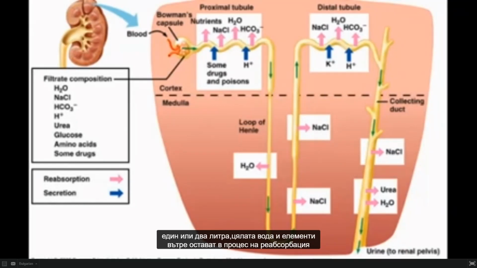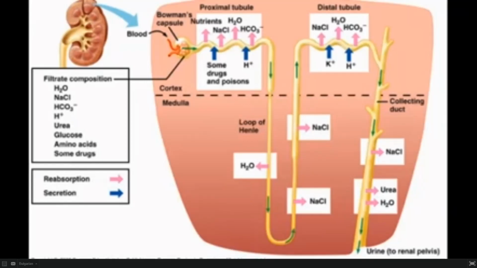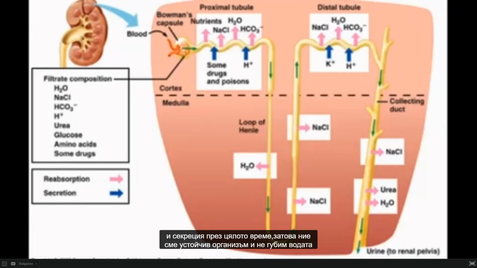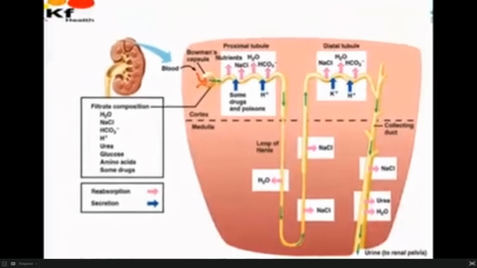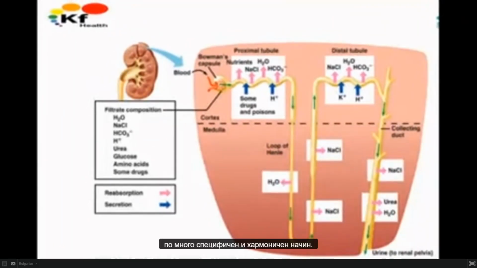All the water and elements inside are in a process of reabsorption and secretion all the time. That's why we are sustainable as an organism, and we are not losing our water suddenly. We organize the liquid state of our body in a very specific and harmonic manner.